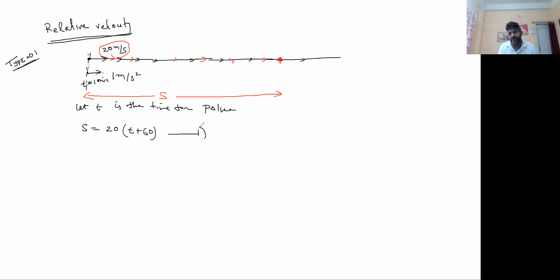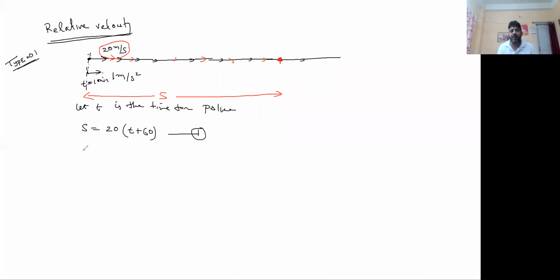Is it clear, everyone? Because the thief is in motion, moving with a constant velocity of 20 meters per second. Yes or no? Anyone please respond, yes or no?